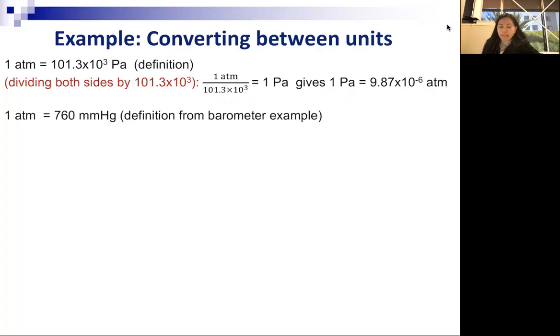Right? And then 1 atmosphere is equal to 760 millimeters of mercury. We've seen that as the definition from the barometer example.